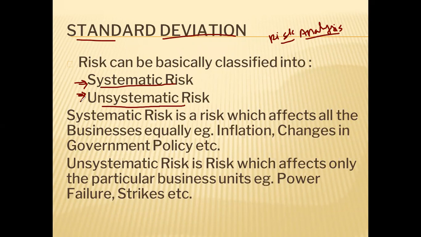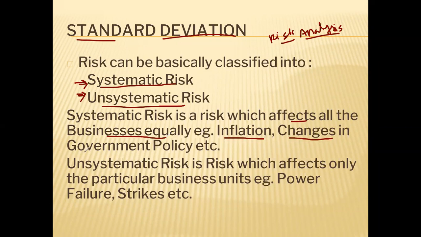Okay. What is a systematic risk? Systematic risks are those risks which will affect all the businesses equally in the country. Like inflation, all the businesses will be affected because of inflation.